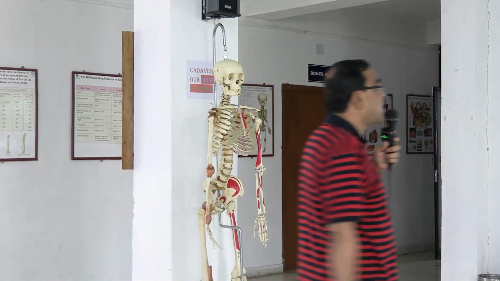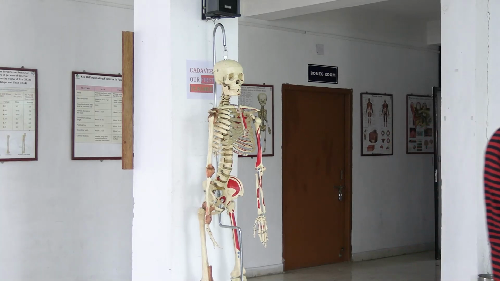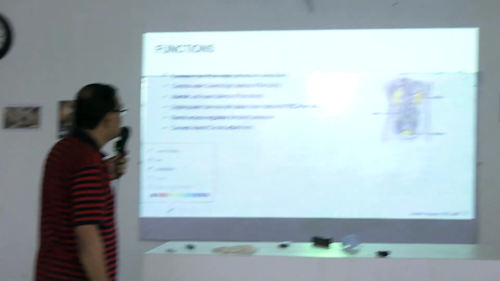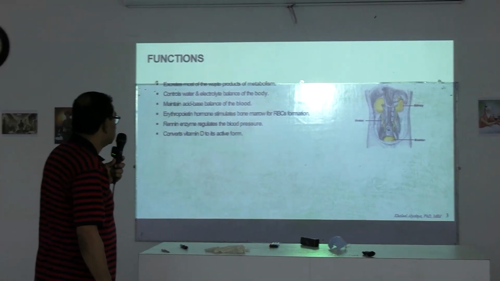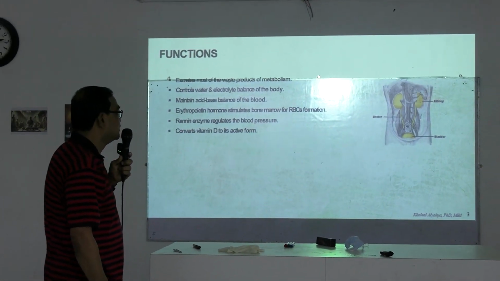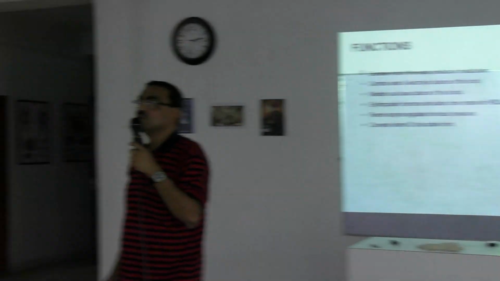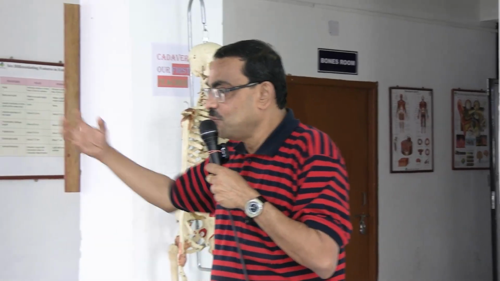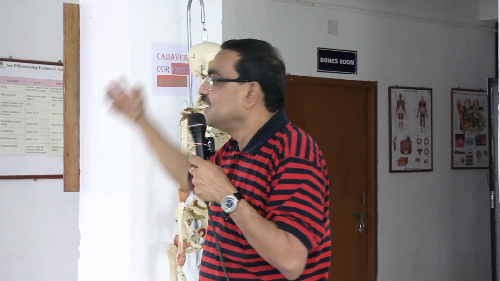And here we can find one concave area medially, which is called the hilum of the kidney. Hilum means a window through which some structures enter or leave.